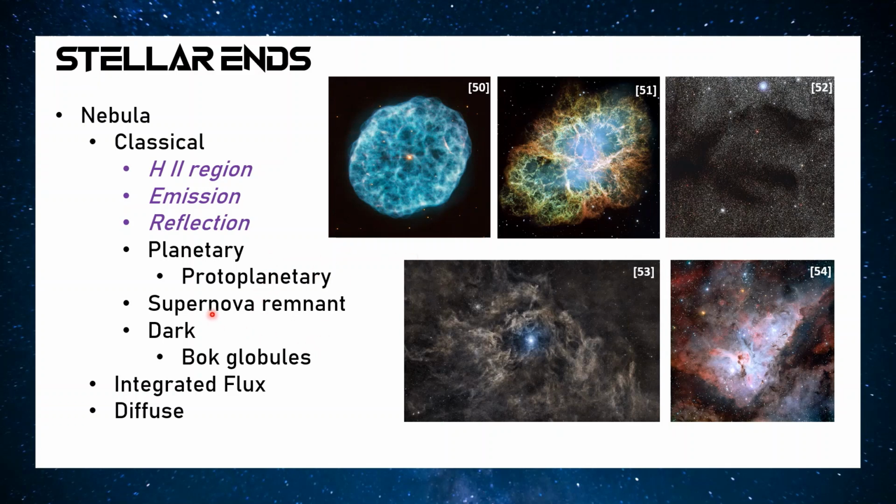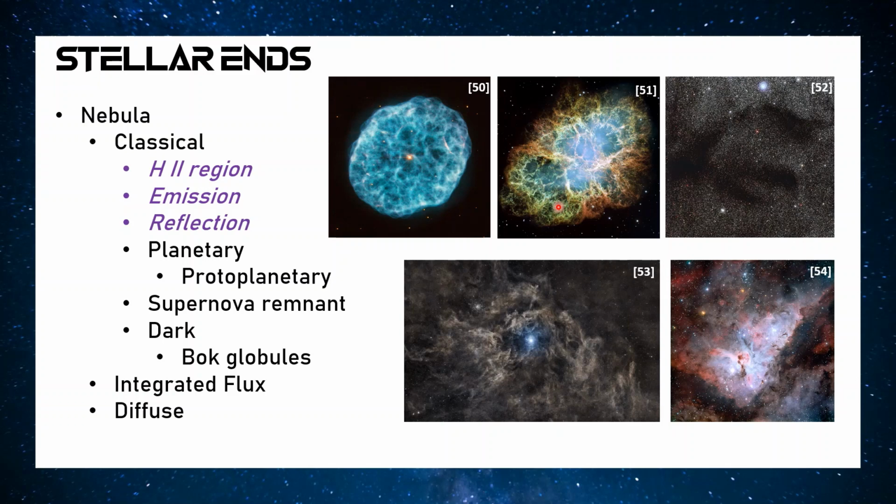There's also protoplanetary nebulas, a short-lived in-between stage between some of the giant branch phases. Then there are supernova remnants. When supernovae blow up, that expanding shell of gas can be visible. This is the Crab Nebula, probably the most famous supernova remnant.